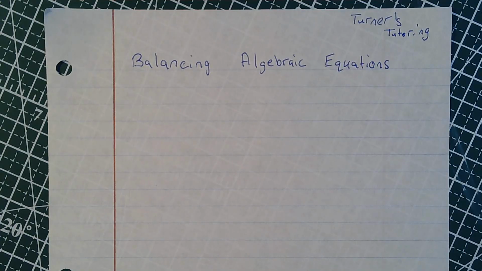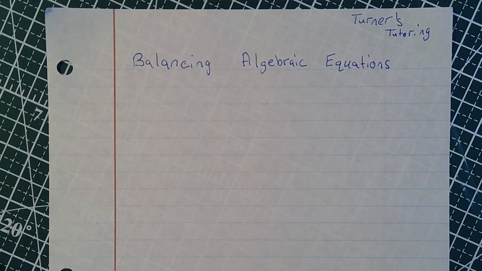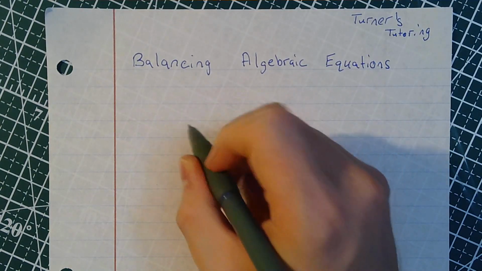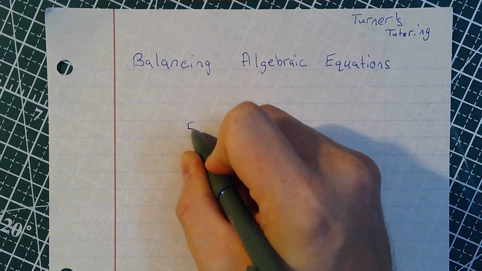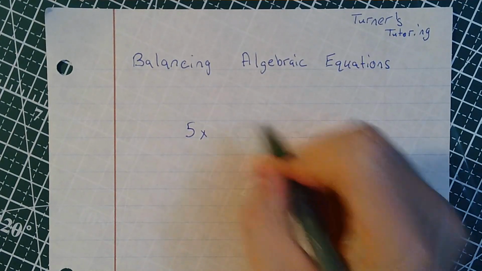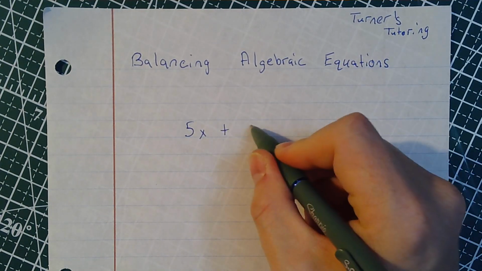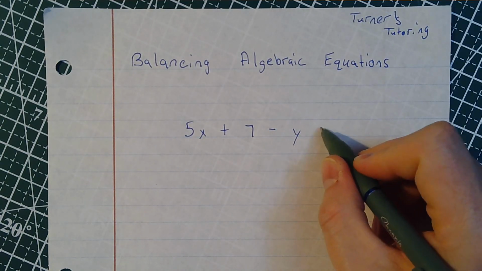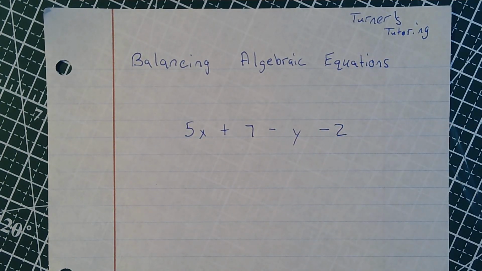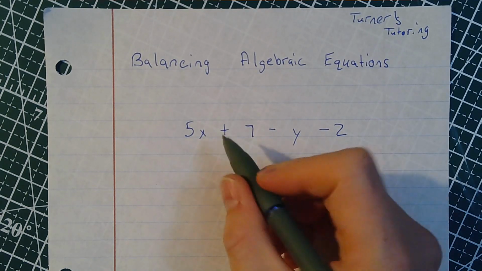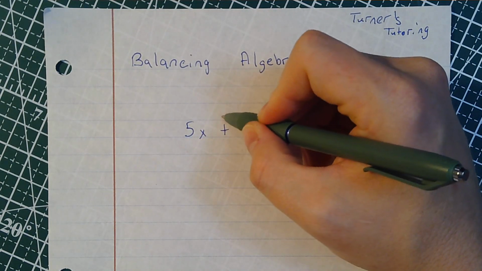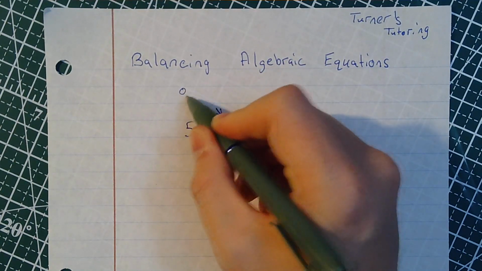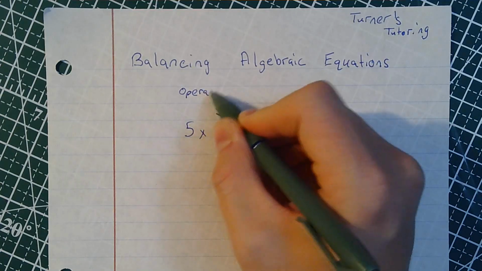So to start out, let's go into the parts of an expression. I'm going to write out an expression, and then we're going to be labeling these. So I've got 5x plus 7 minus y minus 2. Now, any time that you see an order of operation, that is the operation or the operator.